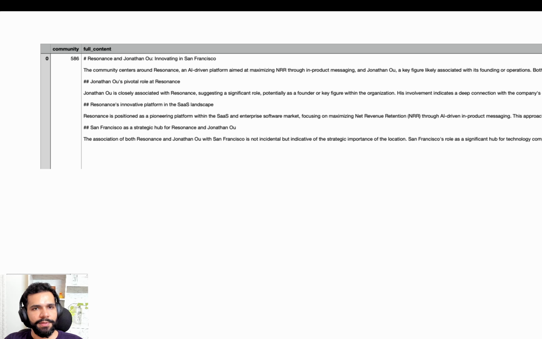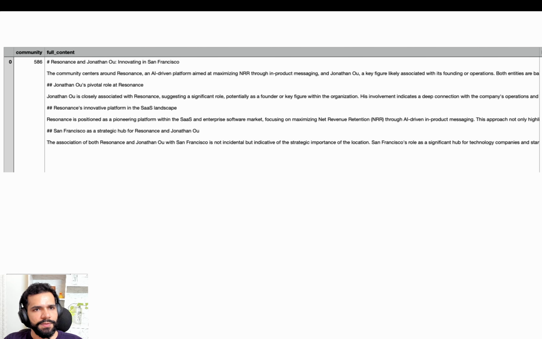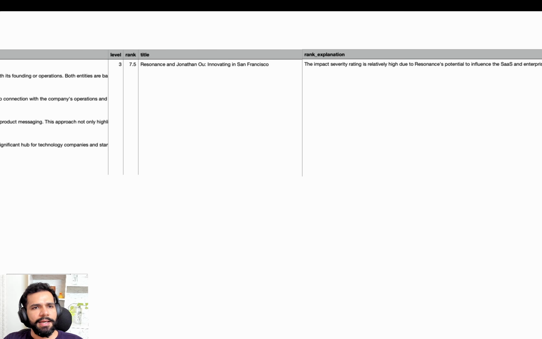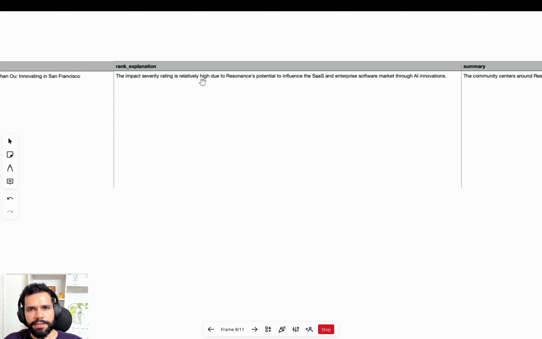There are different levels to communities, as we said. This lies on level 3. I'm sorry, I forgot what ranking was. It gives it a title. It gives the rank explanation. The impact severity rating is relatively high. As I remember, the rankings were 7.5 and 8.5, so I'll go and look at it again.